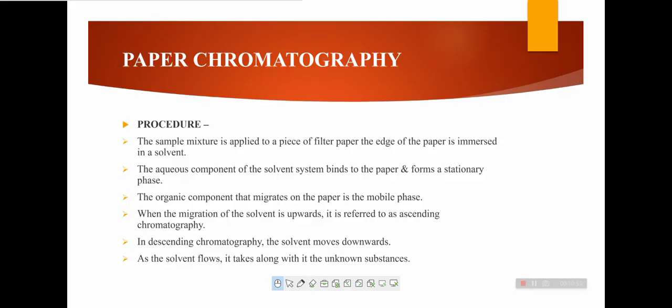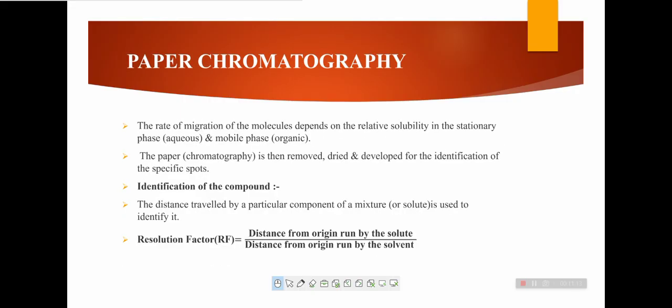When the solvent rises near the end, the paper should be taken out of the sealed container and air dried. The paper with separated bands of components is then observed under UV light. So, this is the whole procedure of chromatography.